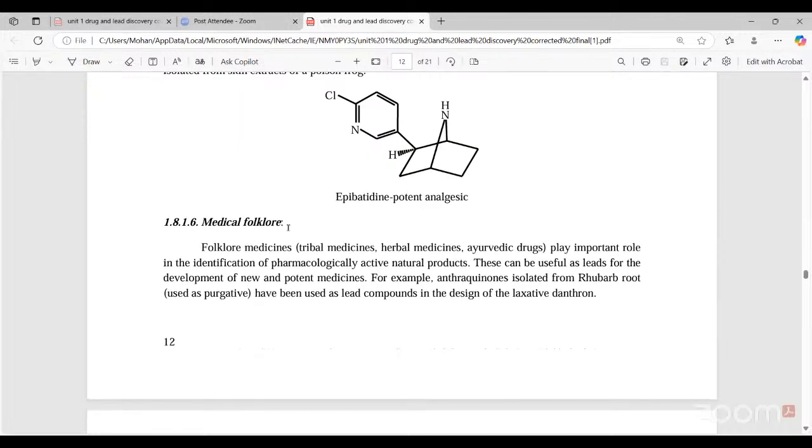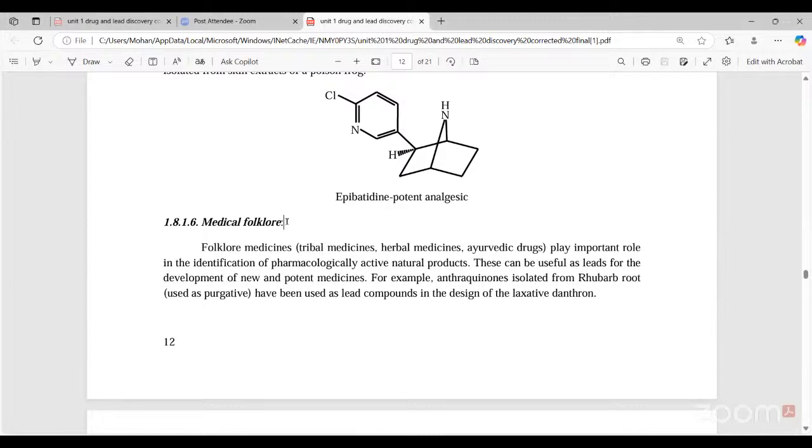Medicinal folklore is a very important thing. Folklore medicines, that is tribal medicines, herbal medicines, and Ayurvedic drugs, play an important role in the identification of pharmacologically active natural products. These can be used as leads for the development of new and potent medicines.